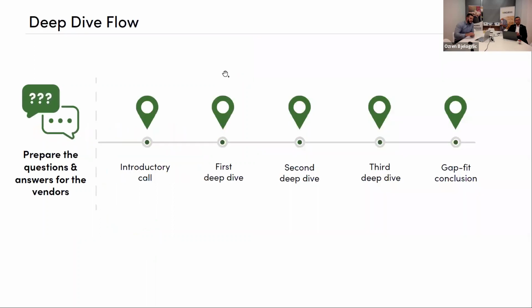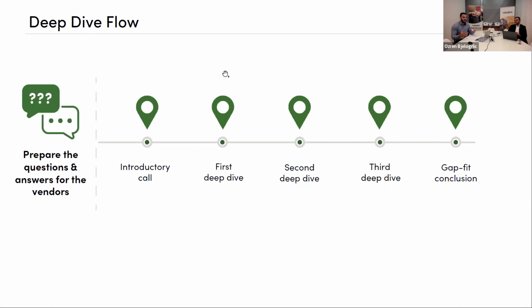Now, let's talk a little bit about the deep dive flow, right? As you are gathering the requirements, the needs, you can certainly expect many questions from vendors. So you should prepare the questions and answers for the vendors, questions for them specifically, besides your requirements list of your operations.